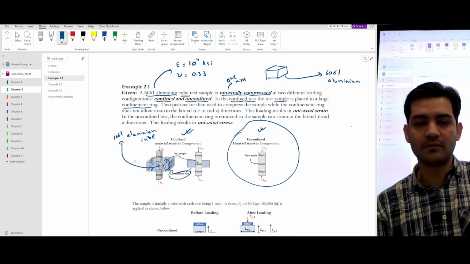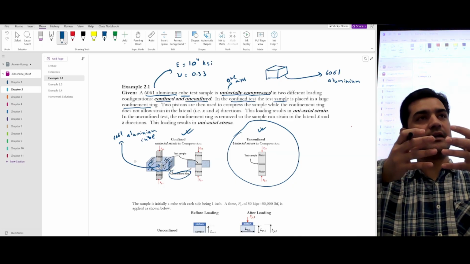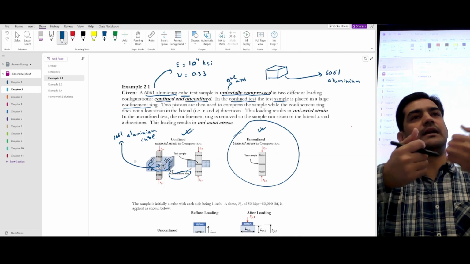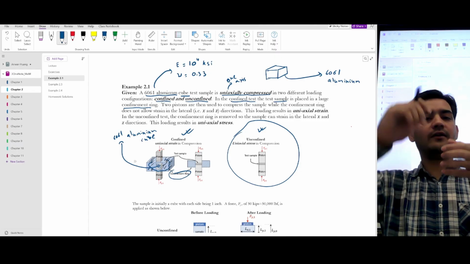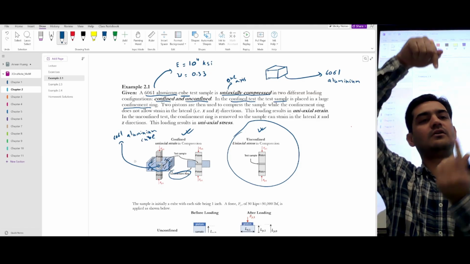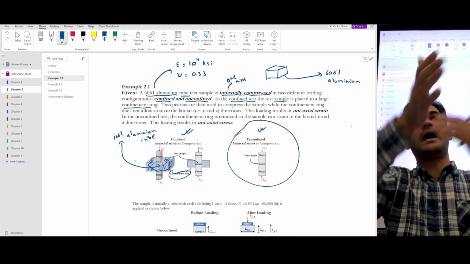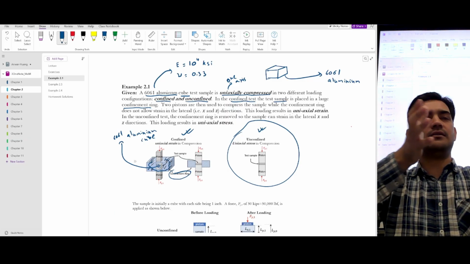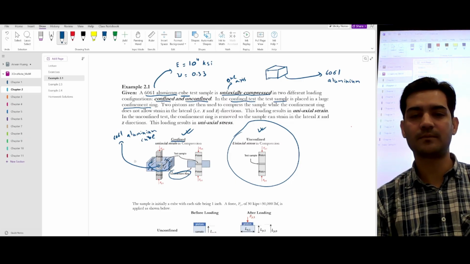So this is a confinement ring. So basically what confinement ring is doing is that it's not gonna allow strain in a lateral direction. So if you apply a force on a cube, it's gonna compress, but it's not gonna expand laterally because it's confined in a confinement ring. So this is for the confined case.